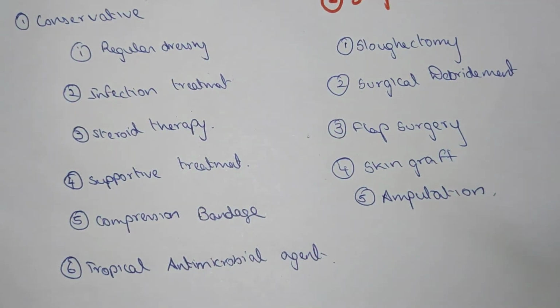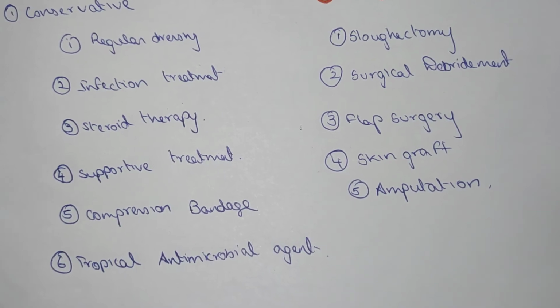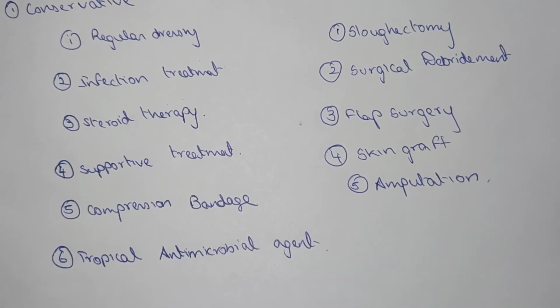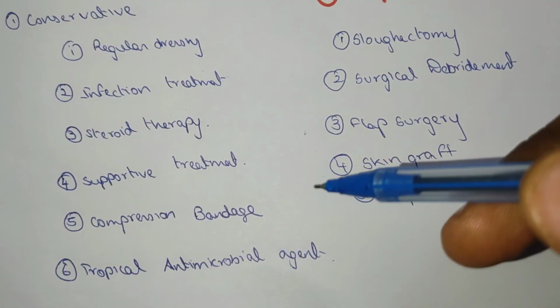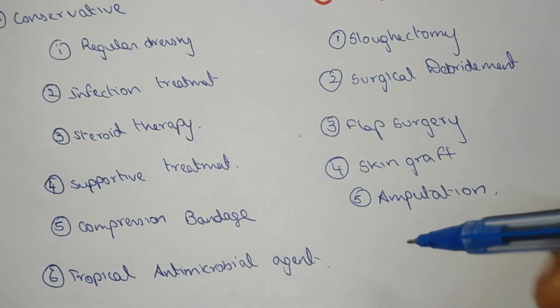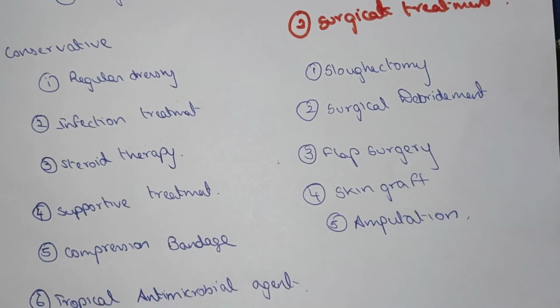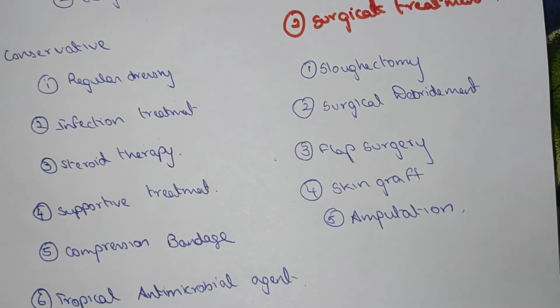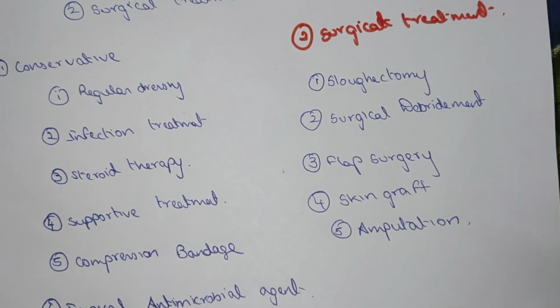Compression bandage. The compression bandage increases the blood flow near the ulcer, and when there is increased blood flow, it heals fast. And topical antimicrobial agent. Now surgical treatment, slough ectomy. The unwanted things present in the slough are removed in the ulcer.